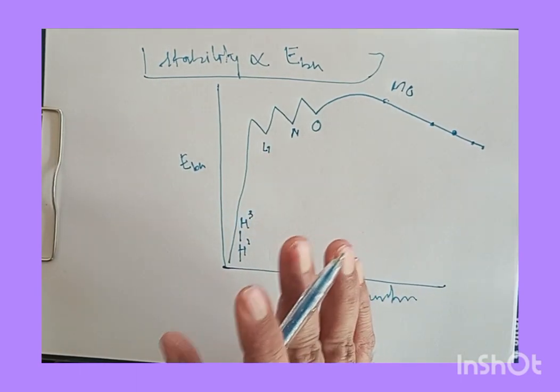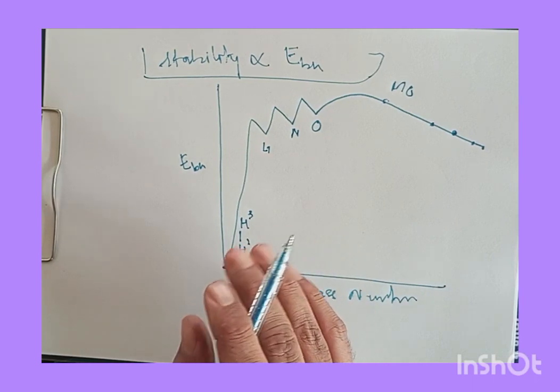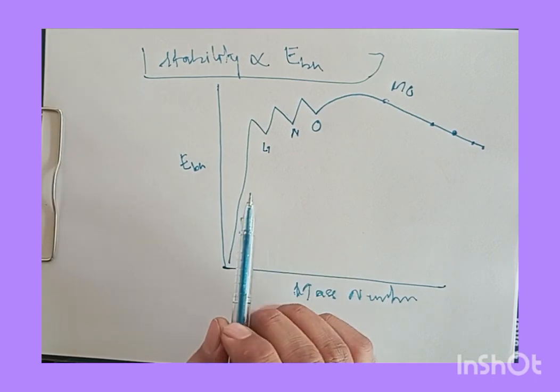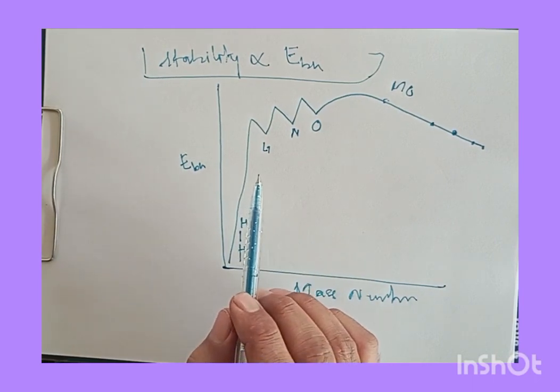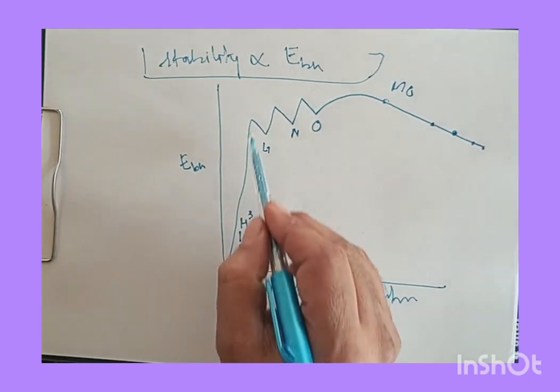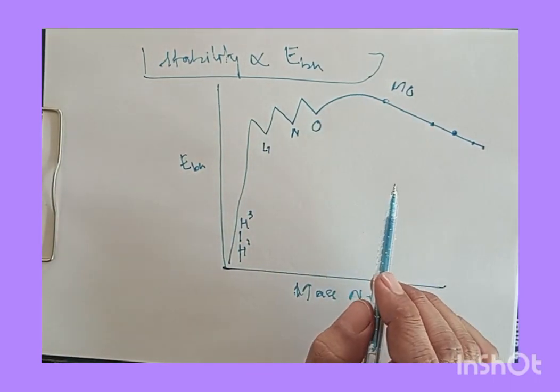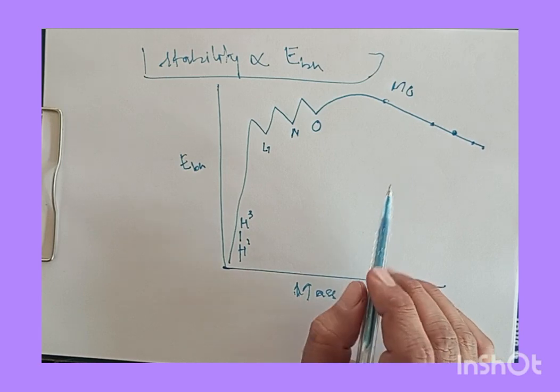Now, what we see here is the variation of binding energy per nucleon with mass number, for a large number of nuclei.